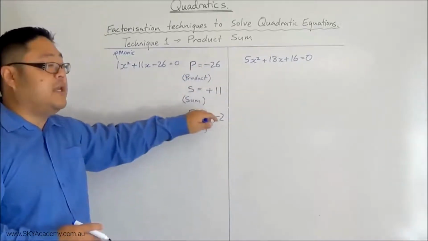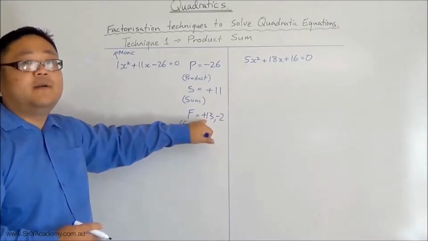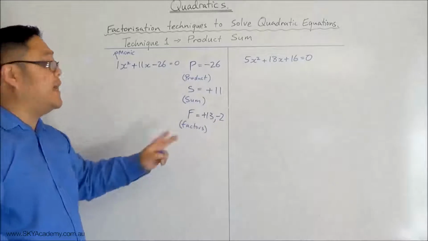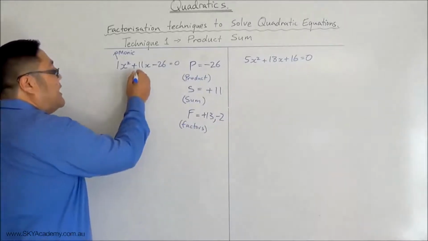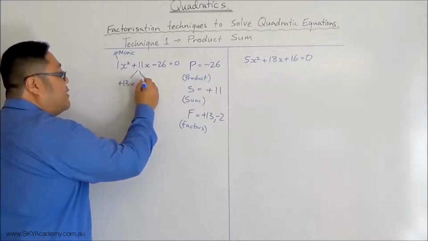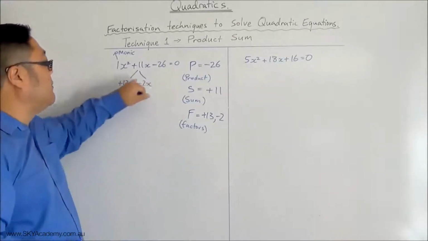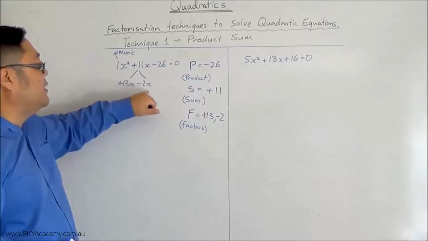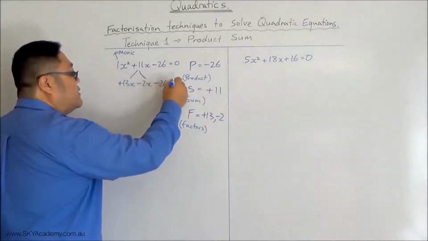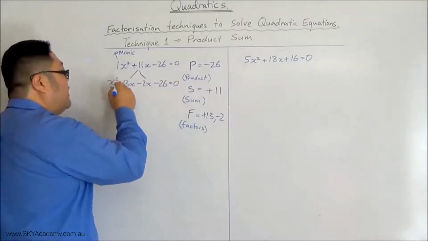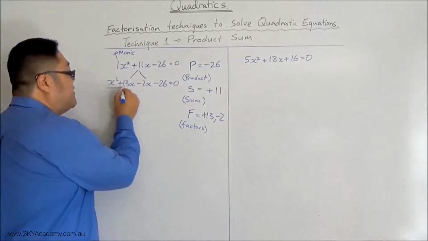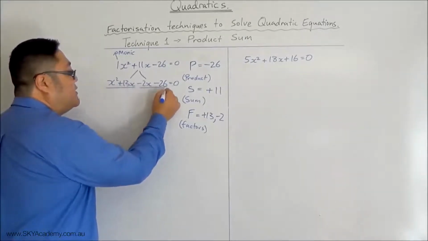This bit can be the tricky bit, working out the factors, but with practice, you'll get a lot better at it. When we get to this stage, we can break down this 11 into plus 13x minus 2x. So we break the 11 down into its 2 factors. So x squared plus 13x minus 2x minus 26 equals 0. Then we factorize this and we factorize that.